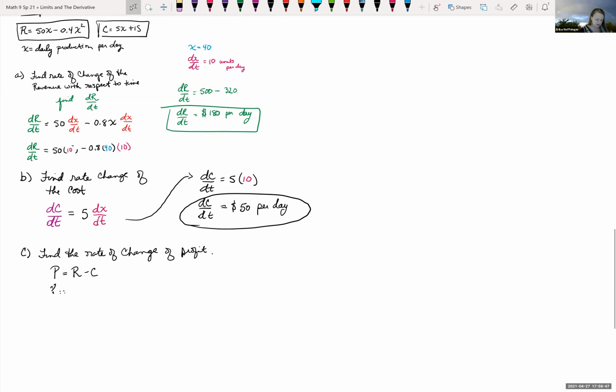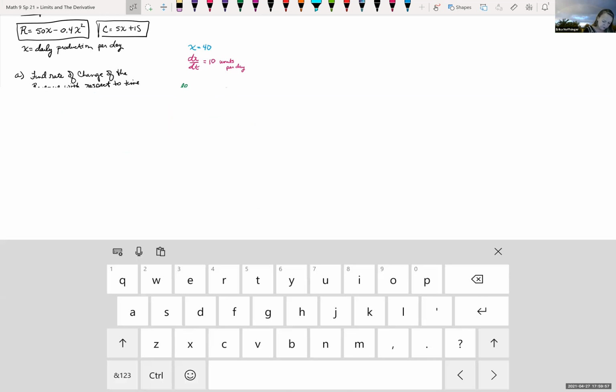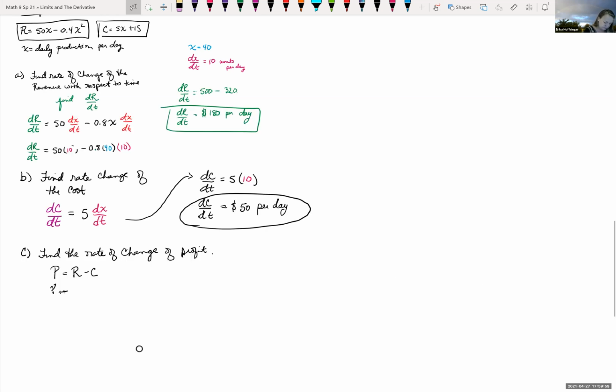My pen's starting not to work. Let me just write it down. So profit is equal to our revenue, which is 50x minus 0.4x squared, minus, make sure you put parentheses around that whole cost function because that negative has to be distributive.